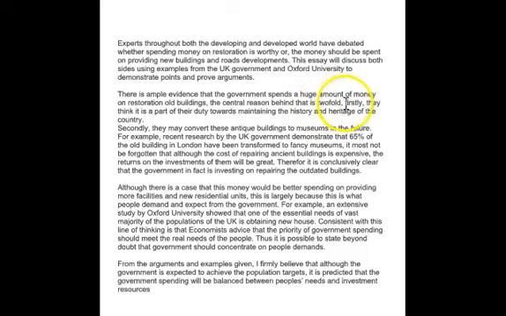So firstly, capital F, they think it is part of their duty towards maintaining the history and heritage of the country. Okay, good. Secondly, so we can keep this as the same paragraph, because we've already mentioned that the central reason is twofold, so they can go in the same paragraph here, so we don't need this large space.